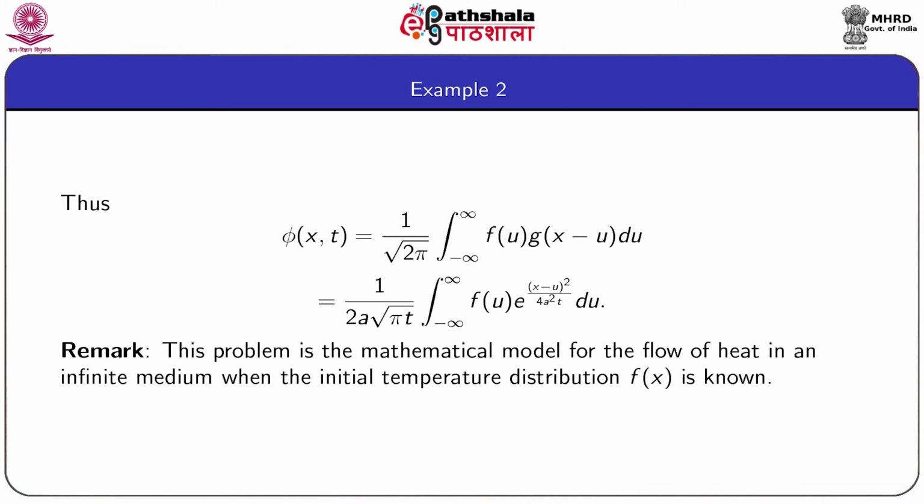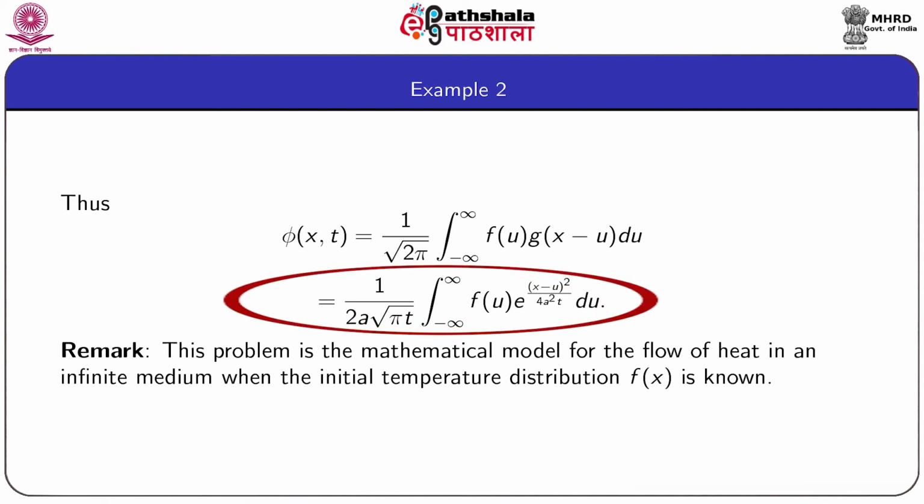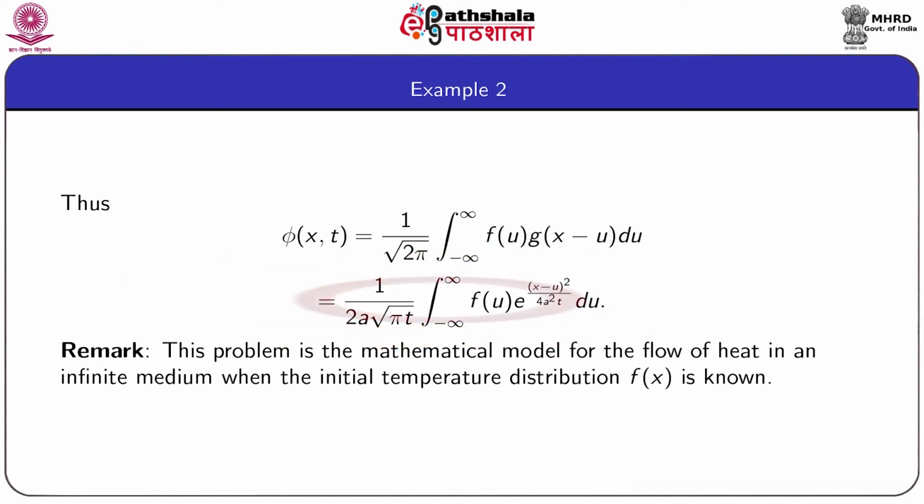Substituting the value of g(x), we get small phi(x,t) equal to 1 by twice a root over pi t integral minus infinity to plus infinity small f(u) into e to the power minus (x minus u) whole square by 4 a square t du.